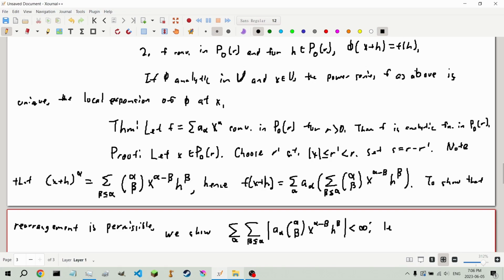So let the size of h be less than or equal to s. We're going to pick an s prime between the size of h and smaller than s.